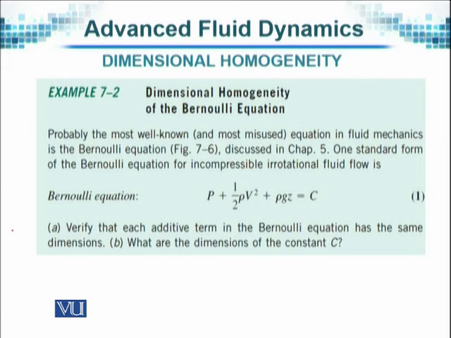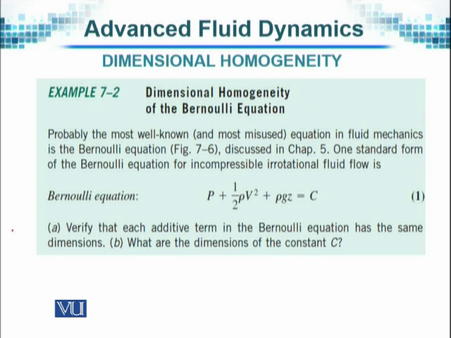First, we try to work out this example, and we see Bernoulli's equation is P plus half rho V square plus rho GZ is equal to constant. It can be written in different forms. Sometimes we divide throughout by rho, sometimes not, but they are all equivalent forms of Bernoulli's equation.